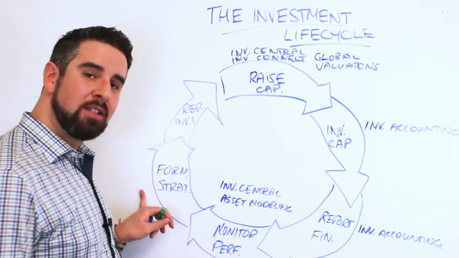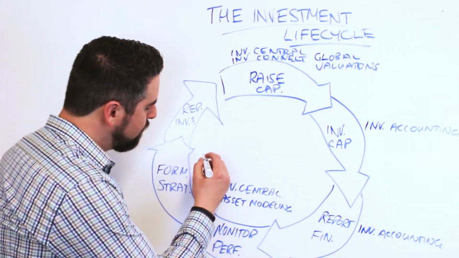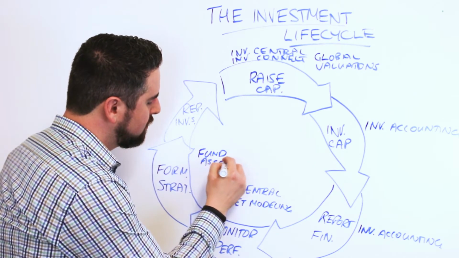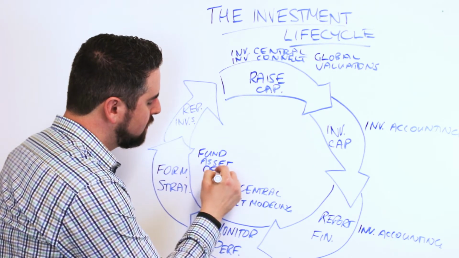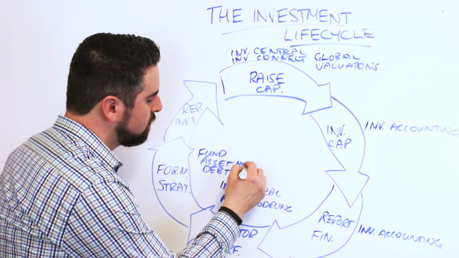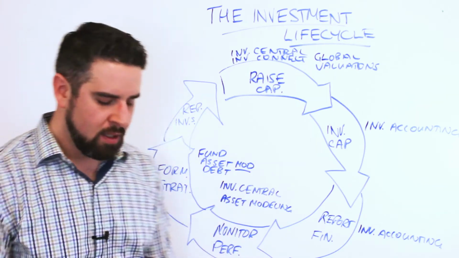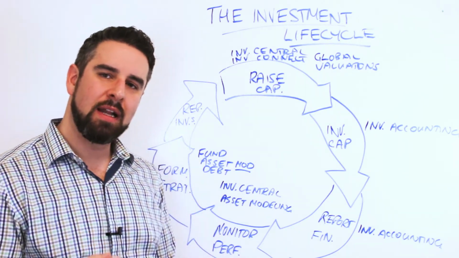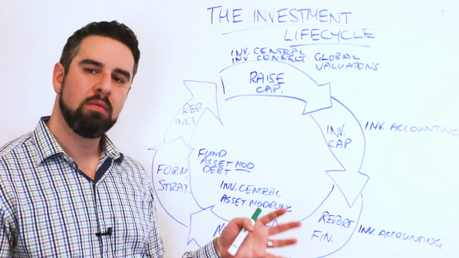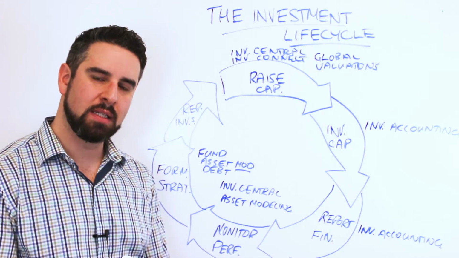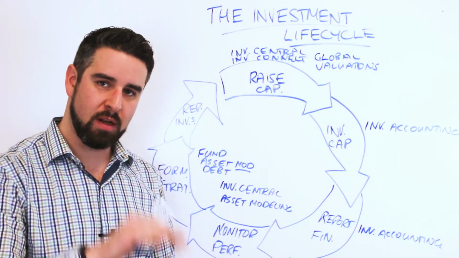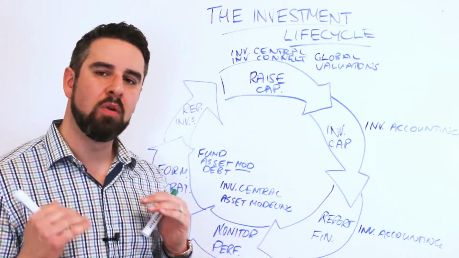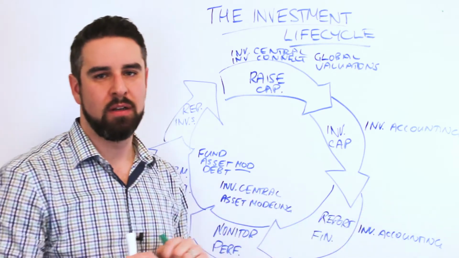When we get to formulating strategies, we now move into fund, asset, and debt modeling. The fund, asset, and debt solutions allow you to not only bring all of your information into one place and report on that information both at an asset level and a consolidated level, but it allows you to do all of your strategic forward-looking analysis.